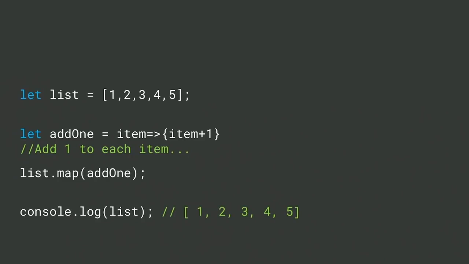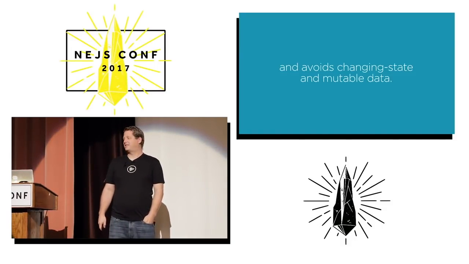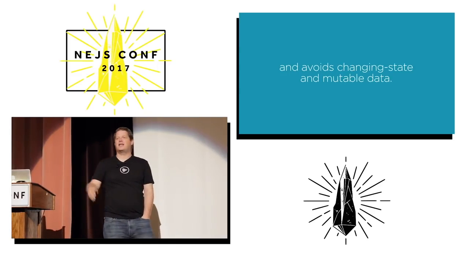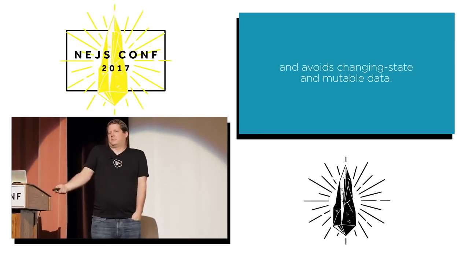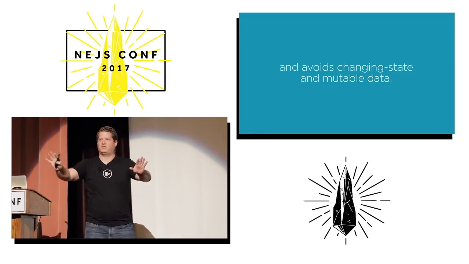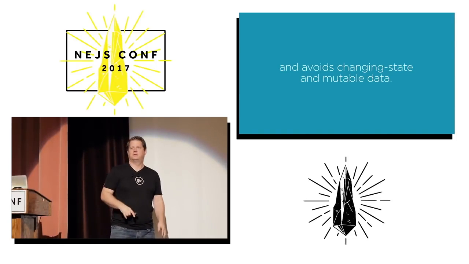This prints out that. Why? That's this. Avoid changing state and mutating data. In the functional style, we don't mutate data. Why? Some of you feel very confident, so I'm going to ask you, why don't we mutate data?